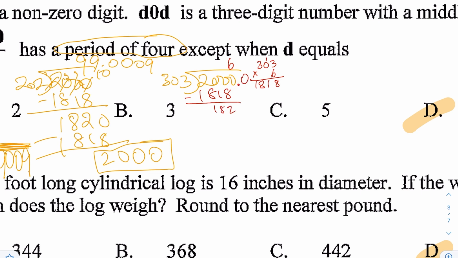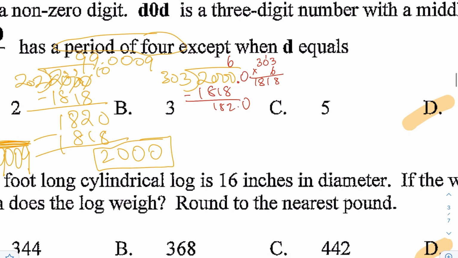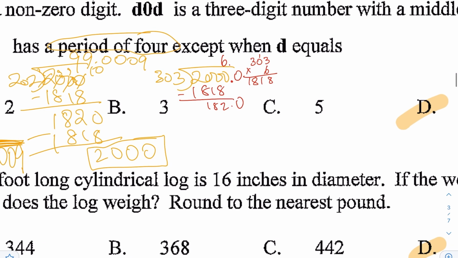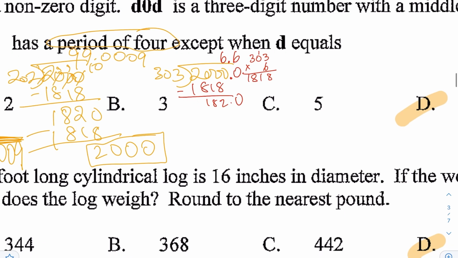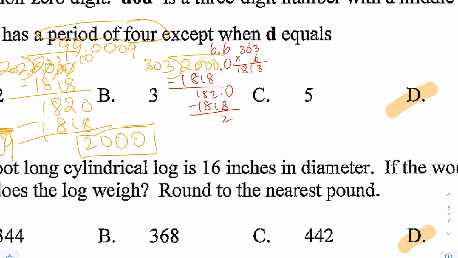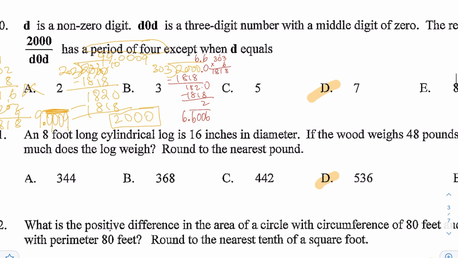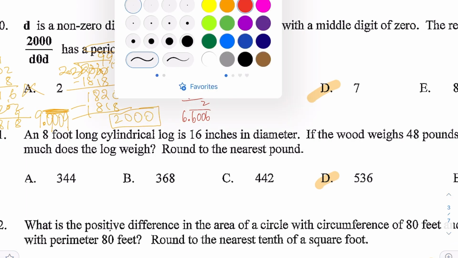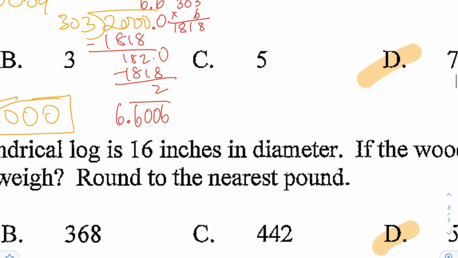All right, you put another 0. And again, you keep putting 3 more zeros, so it'll be 6.6006 repeating. So again, that's another repeating decimal with a period of 4.